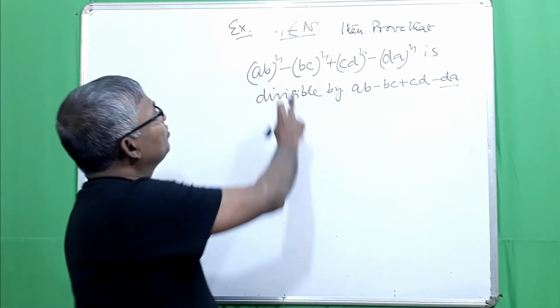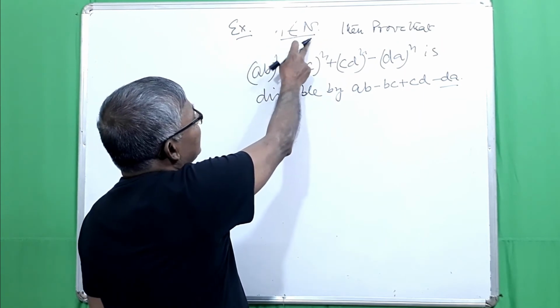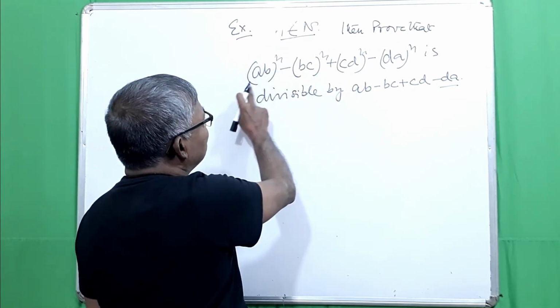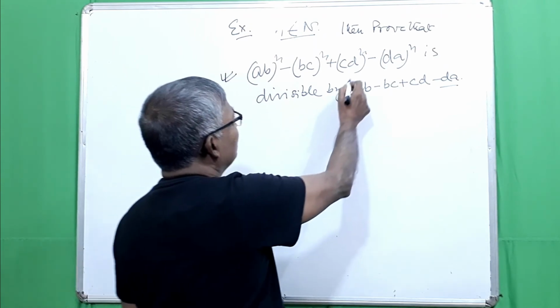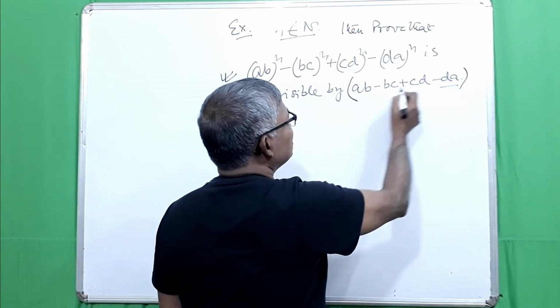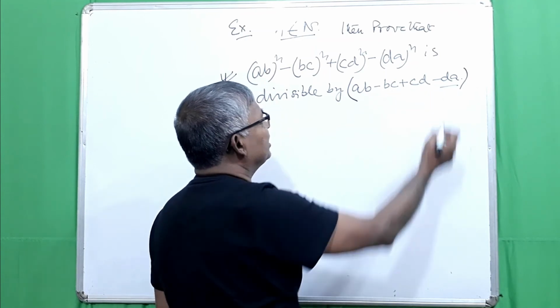Here given n is any integer, then we have to prove that the algebraic expression is divisible by ab minus bc plus cd minus da.